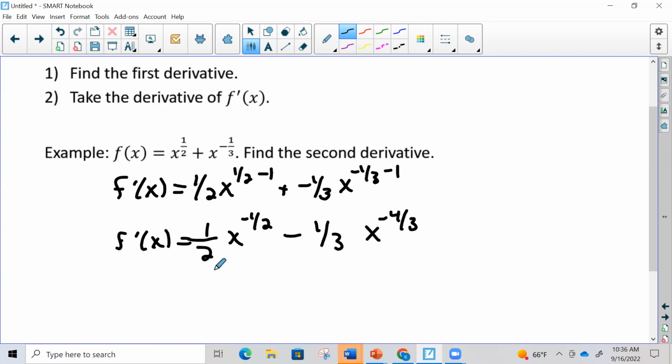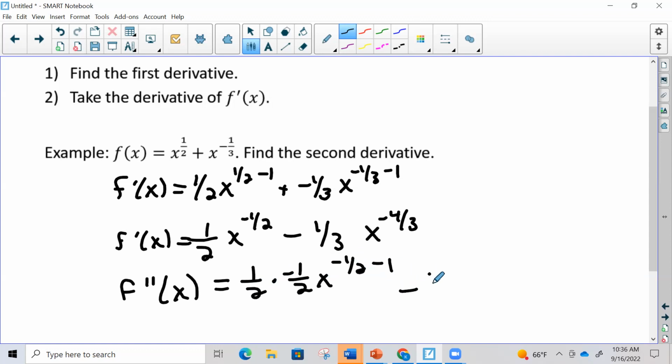And then if we want the second derivative, we take the derivative of this. Now for the second derivative, we write 2 apostrophes. That's one way to indicate it's the second derivative. So now I'm going to do the constant 1/2 times the -1/2 x, and then I have -1/2 minus 1, minus, and then I have 1/3 times -4/3 x, and then -4/3 minus 1.